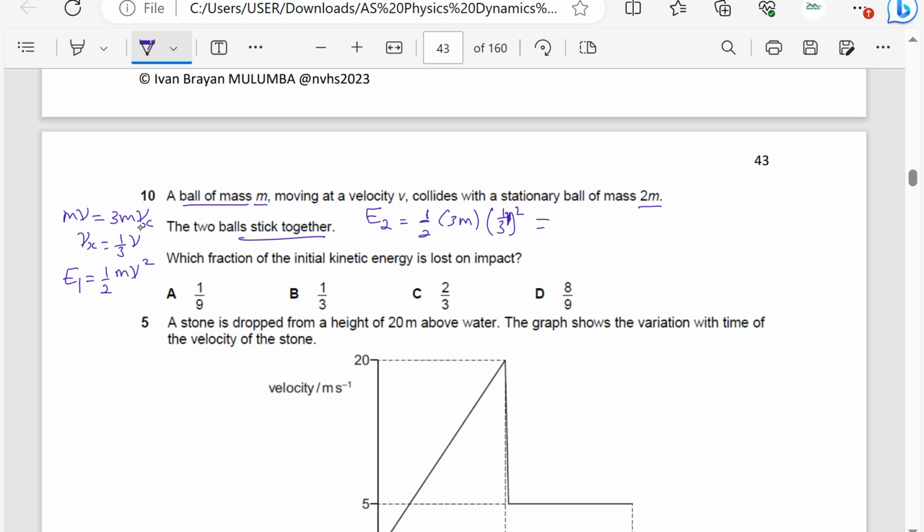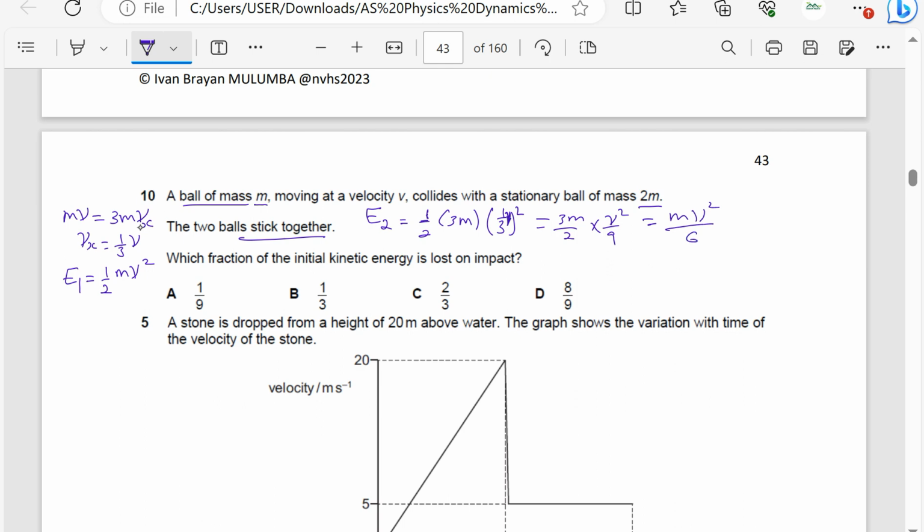This becomes 3m over 2 times v squared over 9. So 3 cancels, and it becomes mv squared divided by 6.